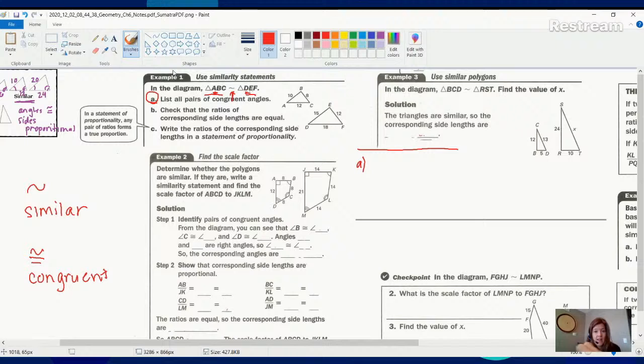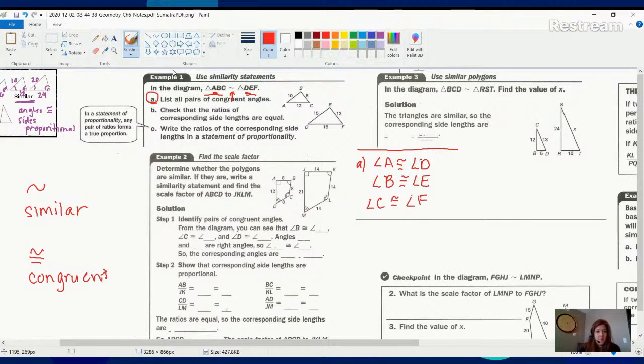So angle A has to be congruent to angle D because they're in the same position in your statement, okay? And then angle B has to be congruent to angle E, and angle C has to be congruent to angle F because it's in the last place. So the angles are actually all congruent to each other, and that's pretty cool, right? All right, so that's the first part.